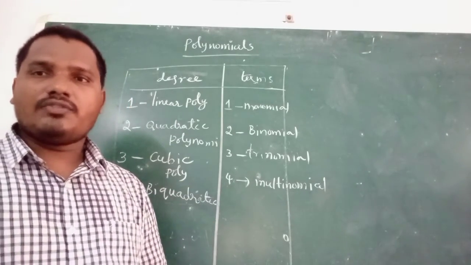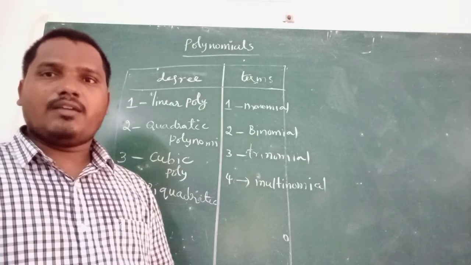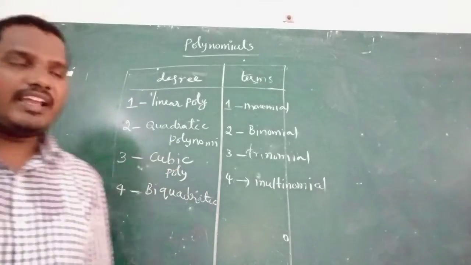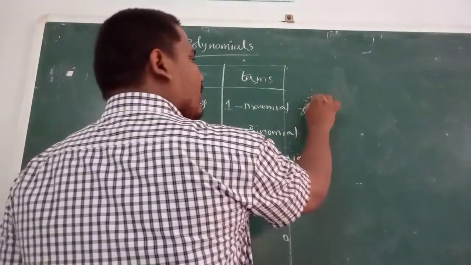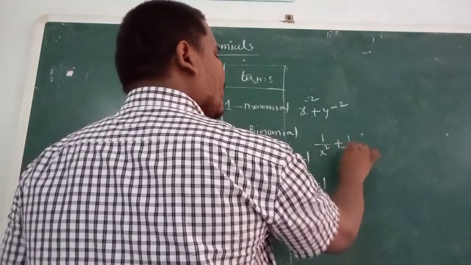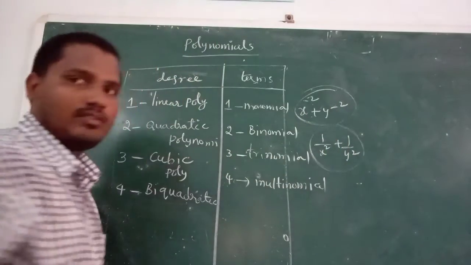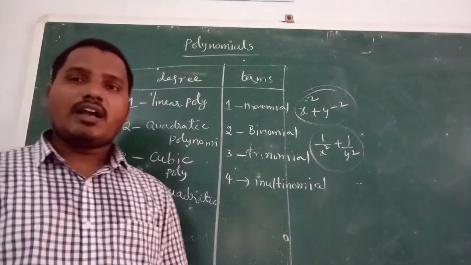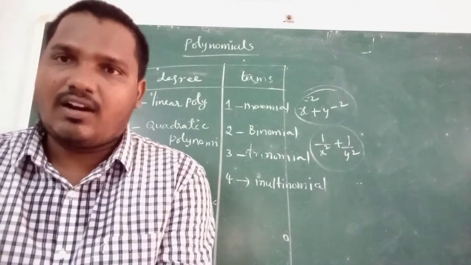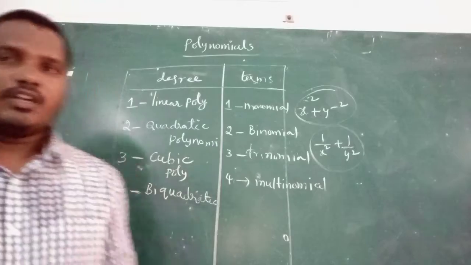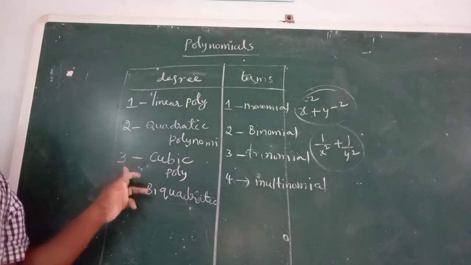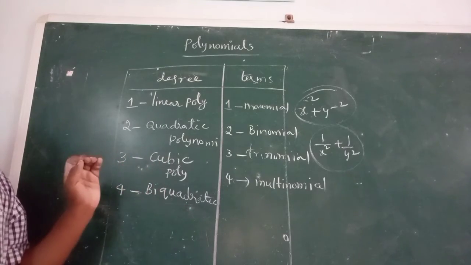That is one of the important points. Polynomials do not have negative exponents. Suppose x power minus 2 plus y power minus 2, that is, 1 by x square plus 1 by y square. This is not a polynomial, because polynomials can't have negative powers.